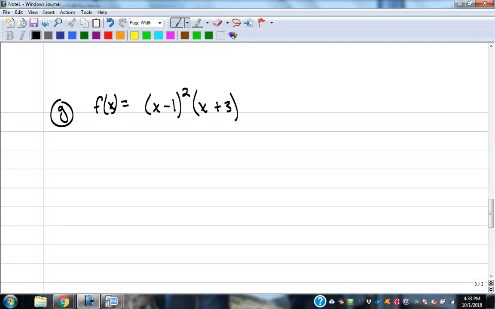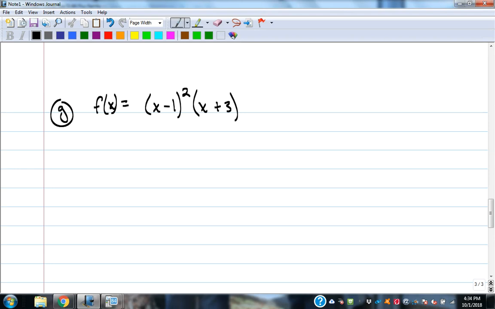If you were to multiply it all out, what would be the highest exponent? There's a 2 on the first factor, so it wouldn't be 4. What's the exponent on this x? It's 1. So 2 and 1 would be 3. So this is going to be a cubic.